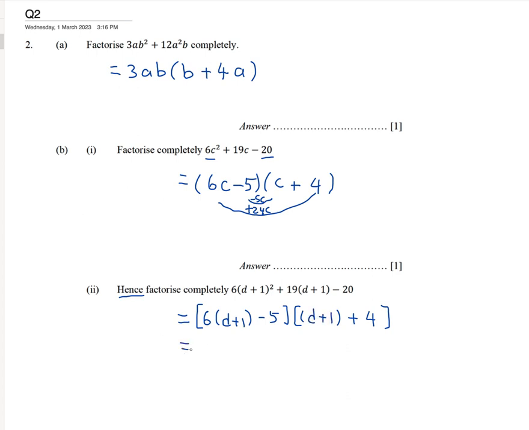We need to simplify what is in the square brackets. So we have 6d plus 6 minus 5. And on this side, we have d plus 5. And finishing off, we have 6d plus 1 and d plus 5.